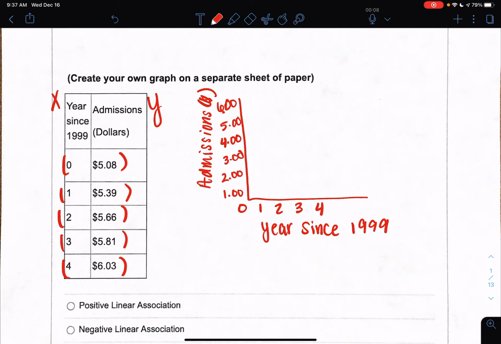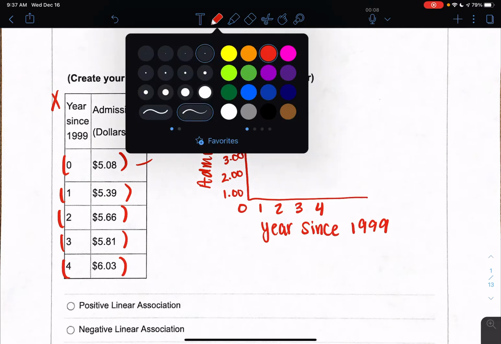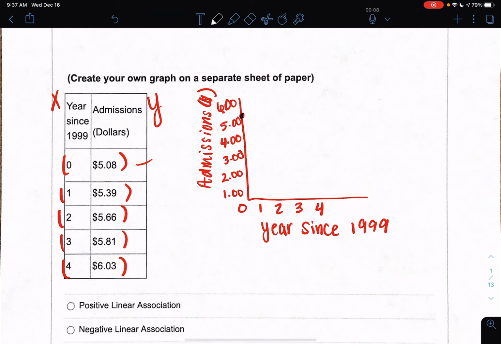Okay, so I'm going to go to my first ordered pair right here and plot it on my graph. So I have 0, I'm not going anywhere on the x-axis, and I'm staying along the y-axis, and I'm going to plot my point as close as I can to 5, just because we only have 8 cents.